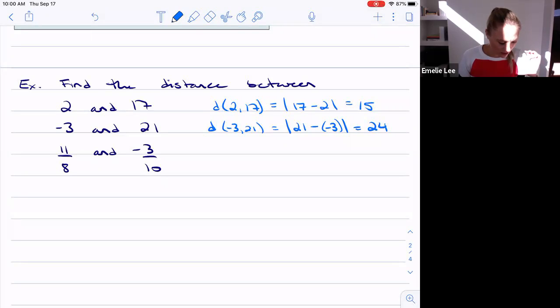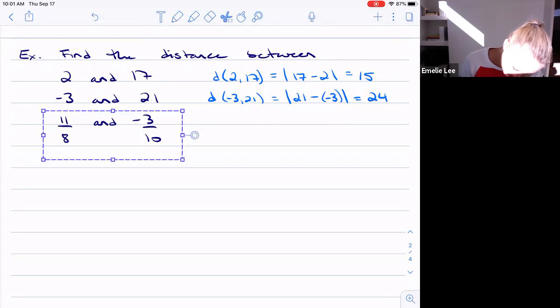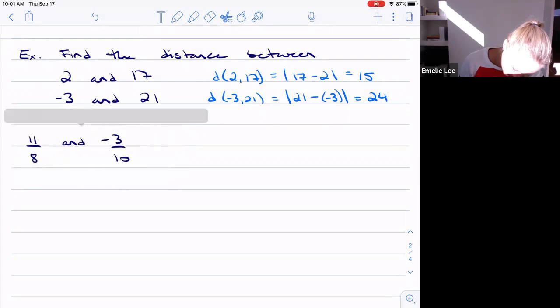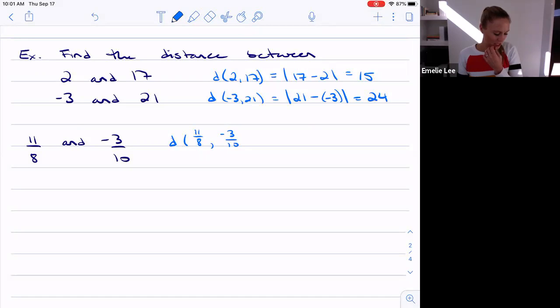The next one is a little bit more involved. I'll just move it over here so we've got a little bit more room. So the distance between 11 over 8 to -3 over 10, oh, I guess I should switcheroo these. Why am I saying that? Because one's negative and one's positive.